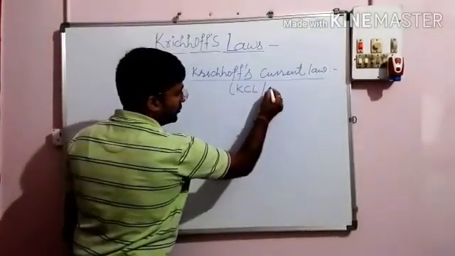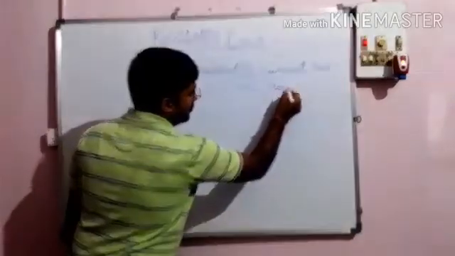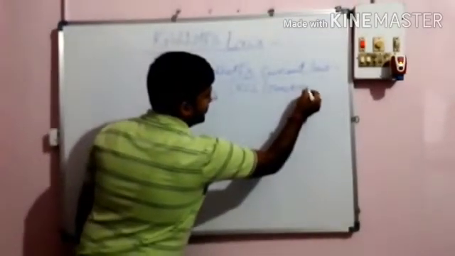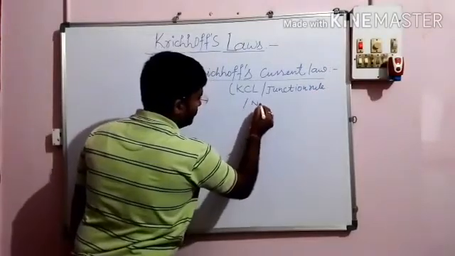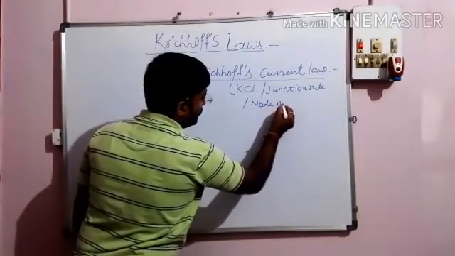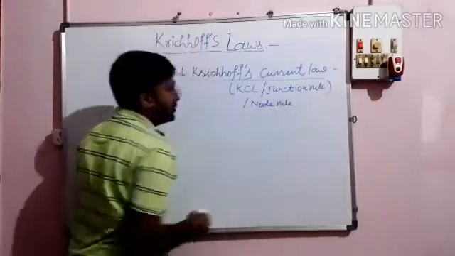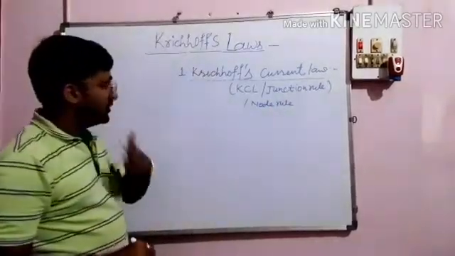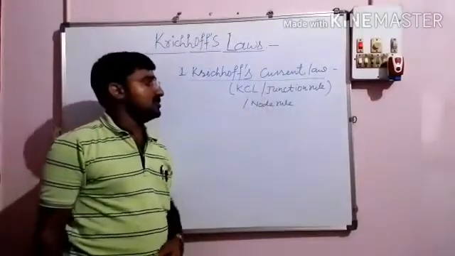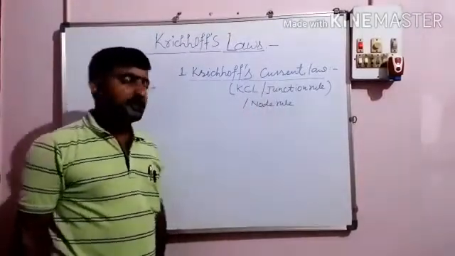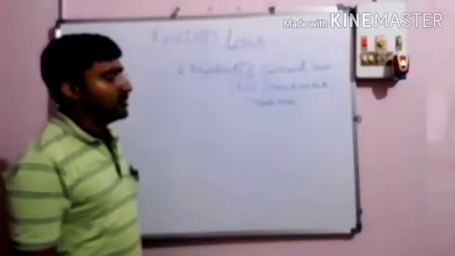It is also known as the junction rule or node rule. A junction, as we read, is a point where two or more conductors join or meet together.